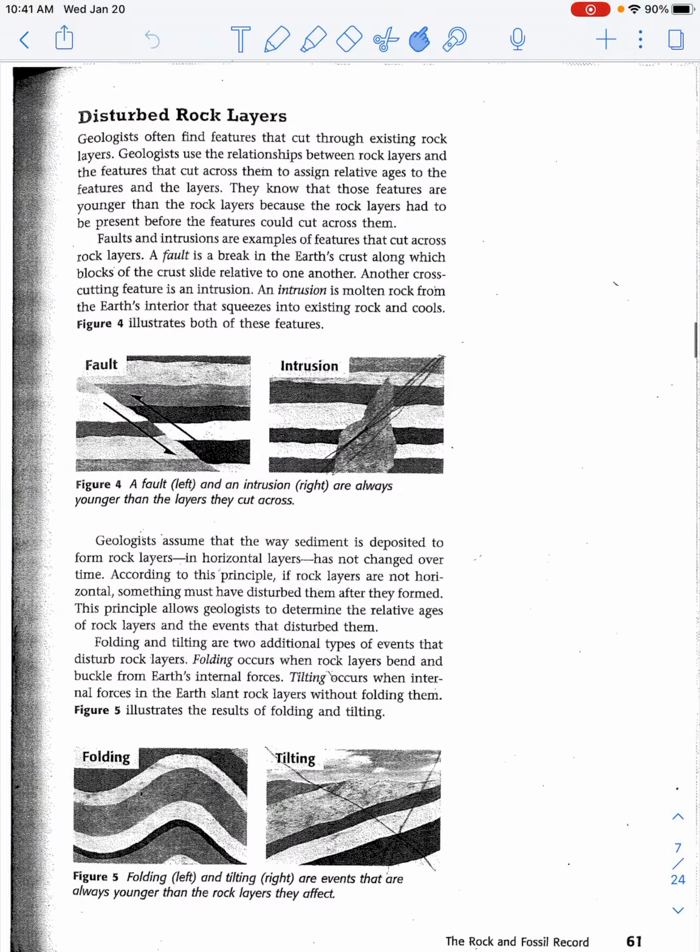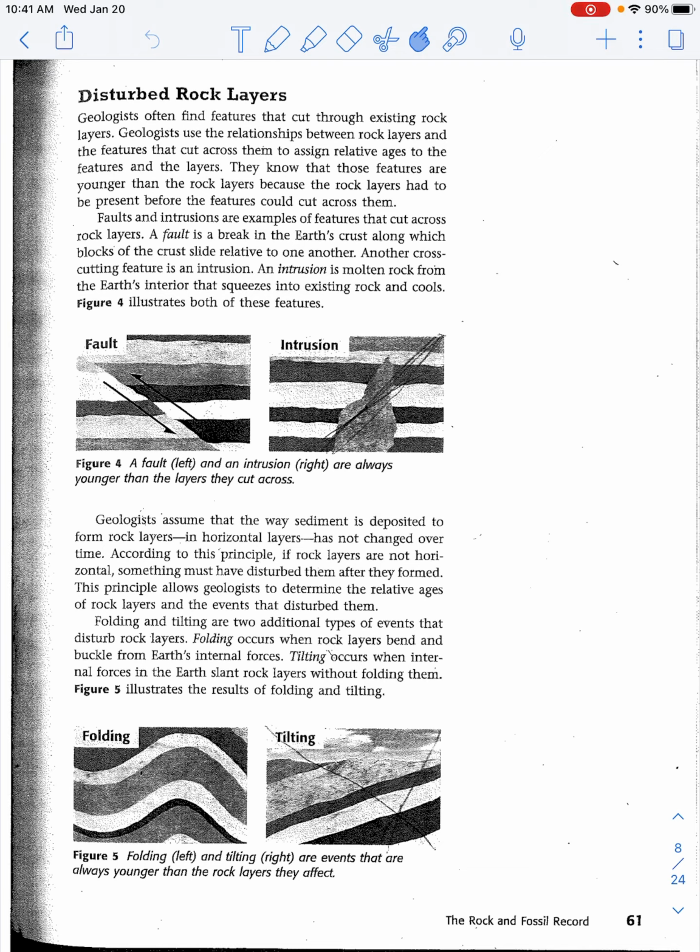So it says, geologists often find features that cut through existing rock layers. Geologists use the relationships between rock layers and the features that cut across them to assign relative ages to the features and layers. They know that those features are younger than the rock layers because the rock layers had to be present before the features could cut across them.